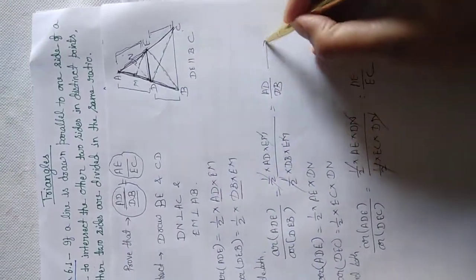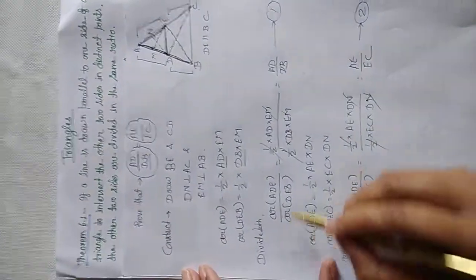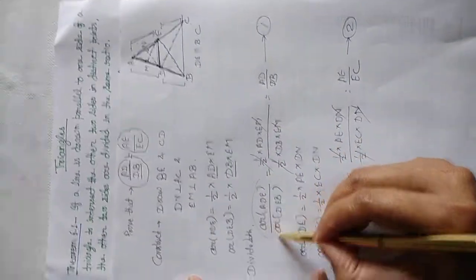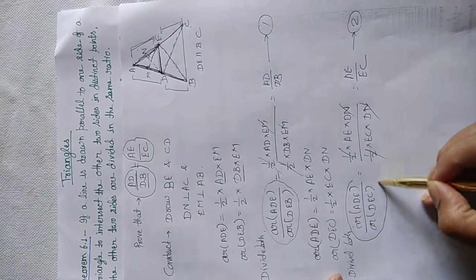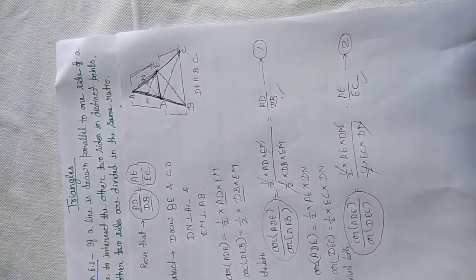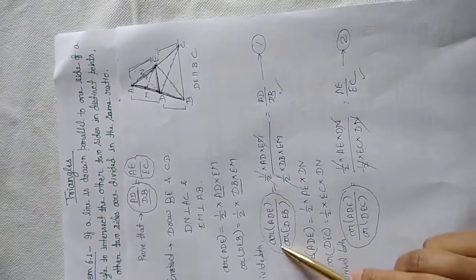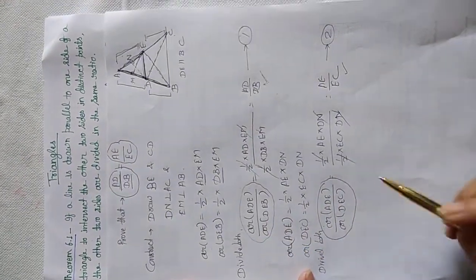So first part is here, second part is here. If we prove that the LHS of this equation equals the LHS of this equation, we can say that the RHS of this equation equals the RHS of this equation. So we have to just equate this and this.